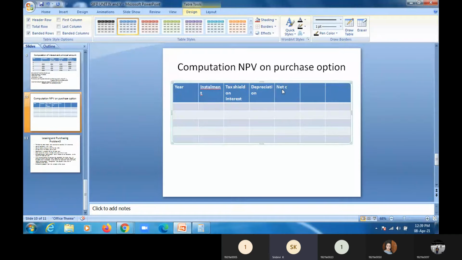Net cash, this is taken as outflow, and we will calculate the present value of rupee, and based on that the present value of cash outflows.